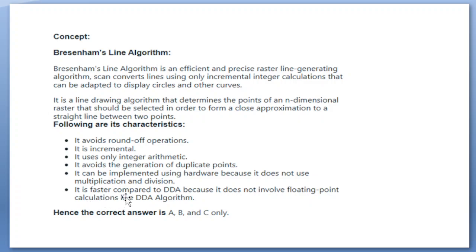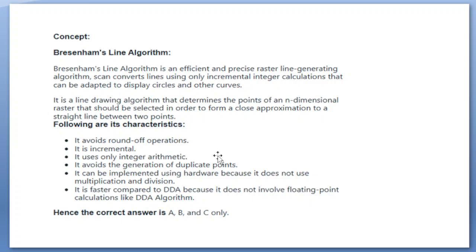Another point is that it is faster compared to the DDA algorithm because it does not involve floating point calculations like the DDA algorithm. These are the characteristics. If we know the characteristics of the Bresenham algorithm, we can easily answer the questions. What are the characteristics of the Bresenham algorithm?